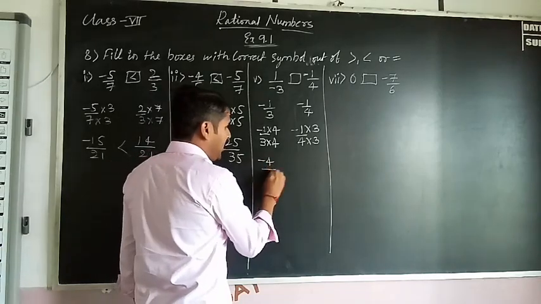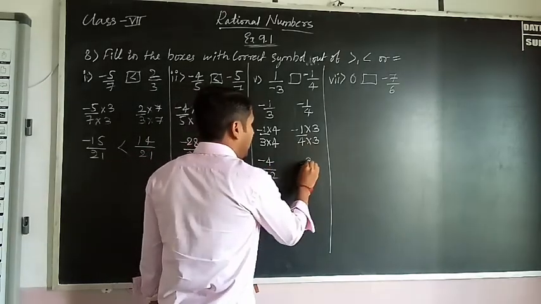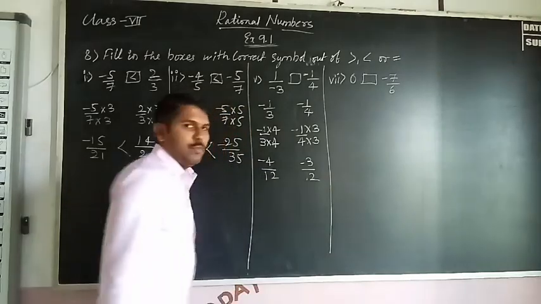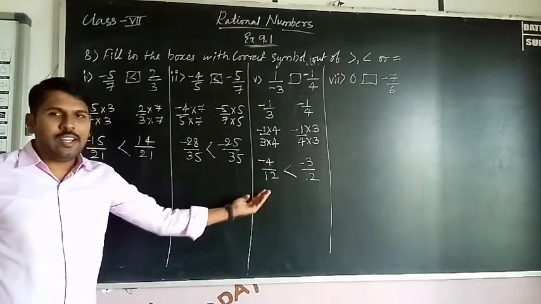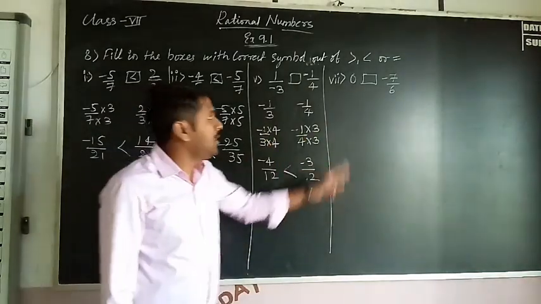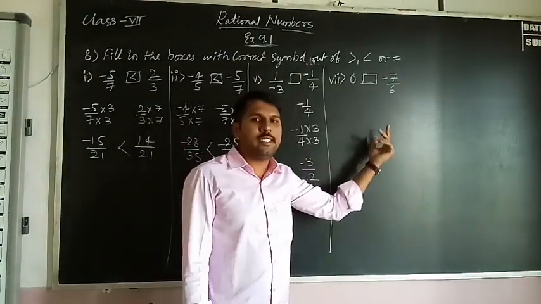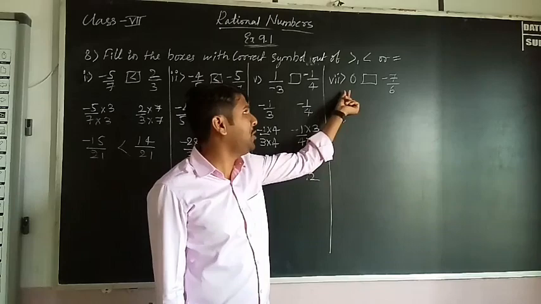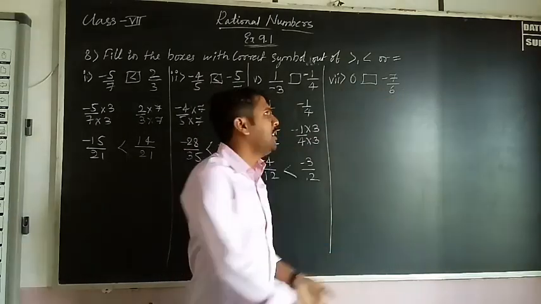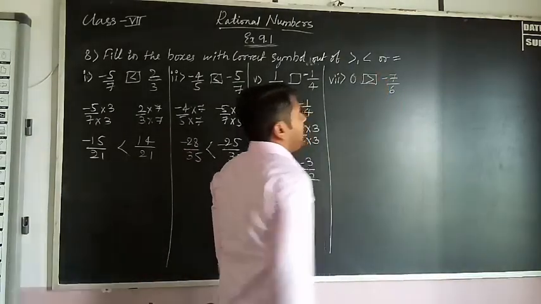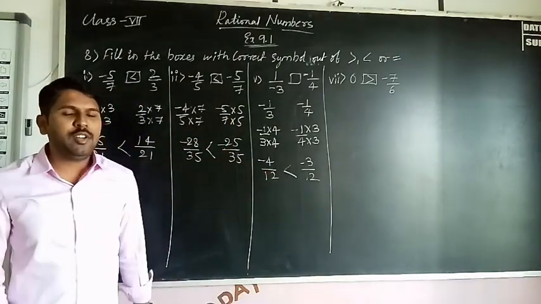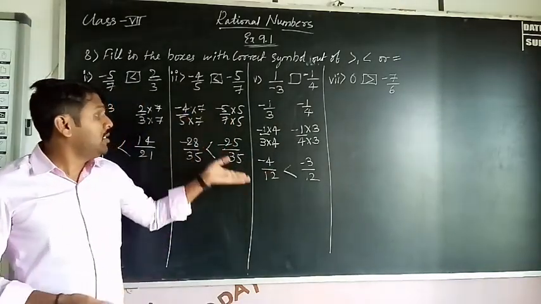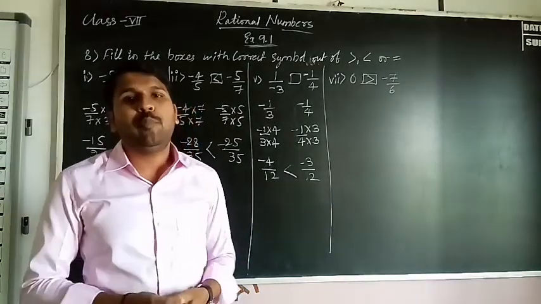Minus 4 by 12, minus 3 by 12. Which one is greater? Again, this is smaller. And the last one, 0 and minus 7 by 6. Which one is greater? Obviously 0, because here a minus sign is there. So 0 is greater. I have taken 4 questions. The remaining 3 questions are covered. So this completes exercise 9.1.